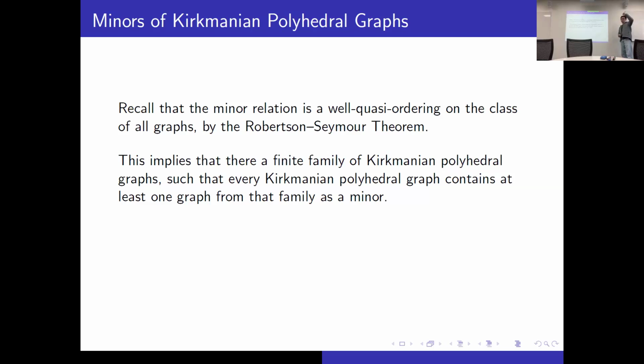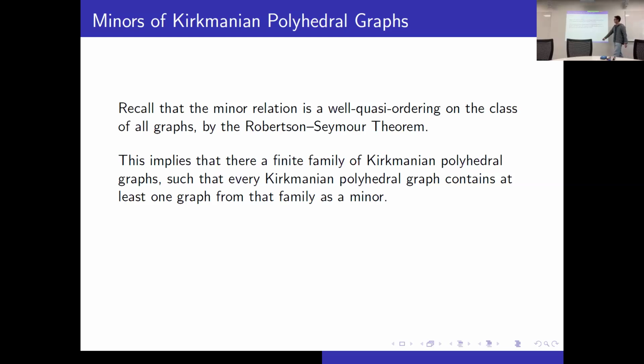So we say that a graph is larger than another graph if the smaller one is a minor of the larger one, right? Which means that you can obtain the smaller one by deleting some edges, vertices, and contracting some edges. So we use minor relation to order this whole class.